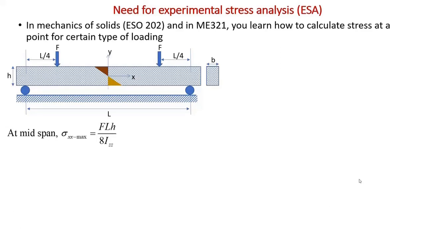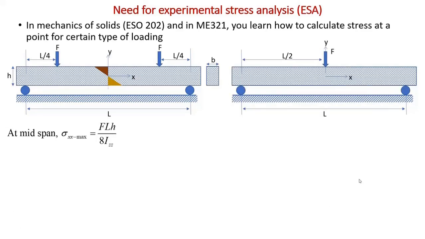Now let me take another example where you have the same beam but now subjected to a single concentrated force at mid-span. Even for this case, you know that the bending stress varies linearly along the depth of the beam, and at mid-span the maximum bending stress is given by this expression, which is the same as in the previous case.